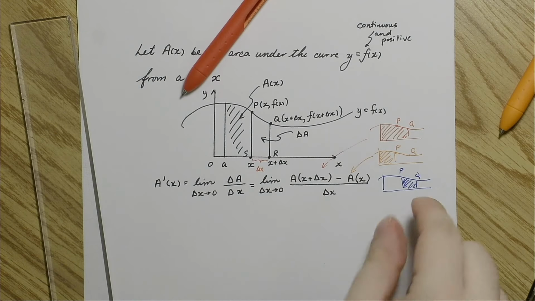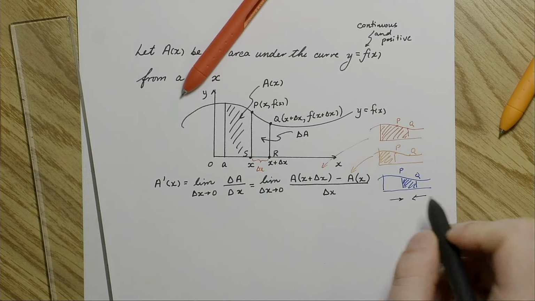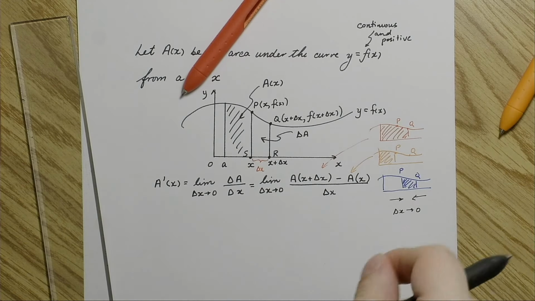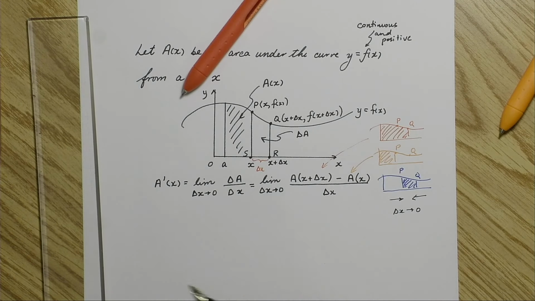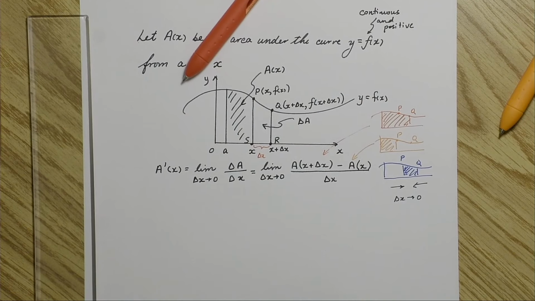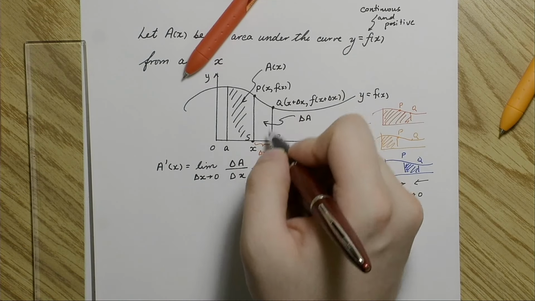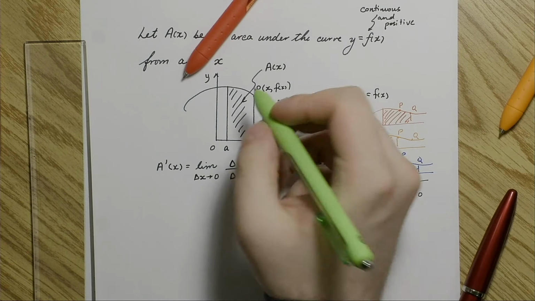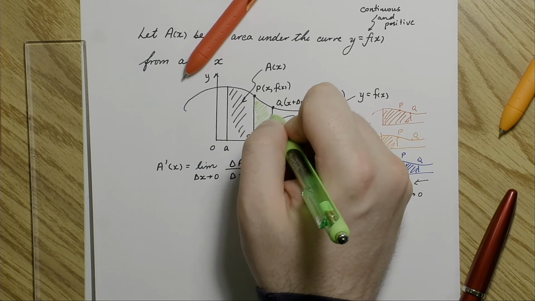Okay? And then we want to get this very, very small. So let delta x go to 0, and we get kind of that thin slice. So this area in here, I'm going to color that lime green.